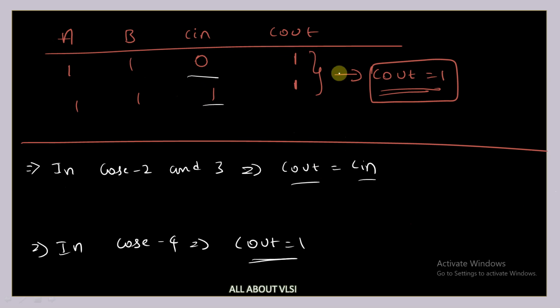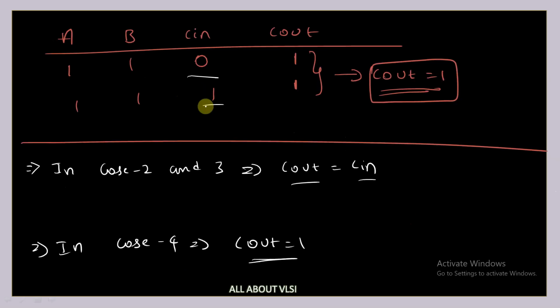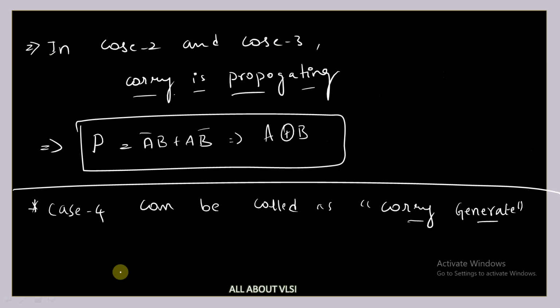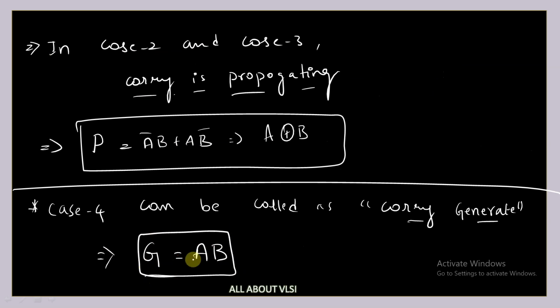That is, you are getting your output carry. So I am calling case 4 as carry generate. What will be the equation of this carry generate? You can take the min terms AB plus AB, that is AB only. So carry generate I am denoting with G, that is nothing but AB. So G is equal to AB. These are the equations for carry propagate and carry generate.